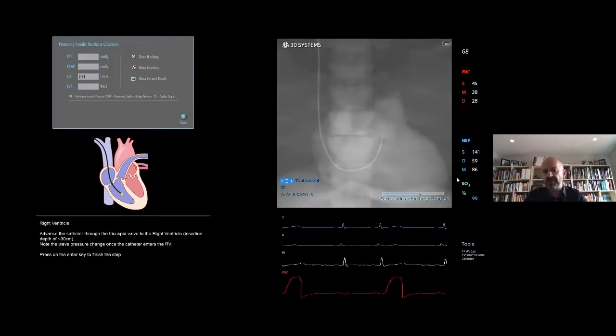If you turn it the other way around, 180 degrees, it's not going to want to go in the RV. And when you're not doing this with fluoroscopy, you have really limited options in manipulating it.